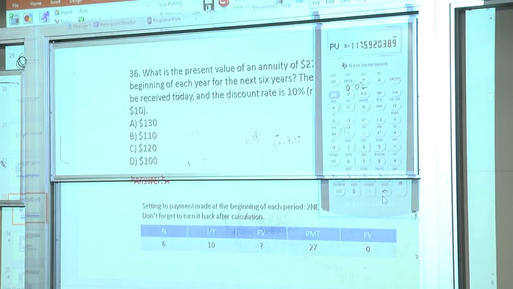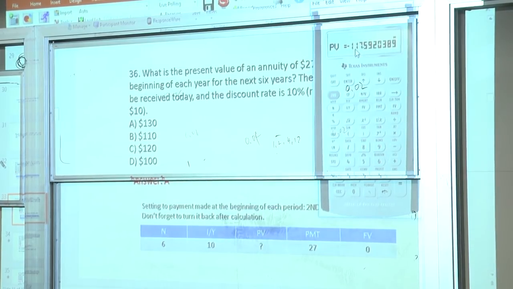That's the present value of the ordinary annuity. Now we want to convert it to the present value of an annuity due. Multiply it by 1 plus R, 1.1. So, same answer. Use whichever one you are more comfortable with. Those are the 2 methods I know. If you know other methods, you can let me know.